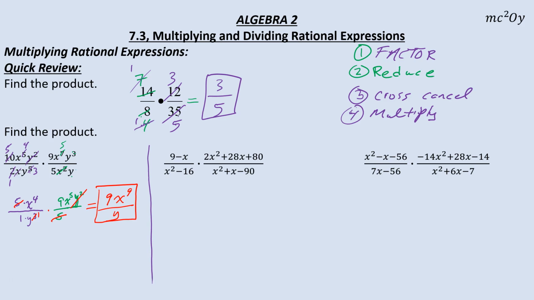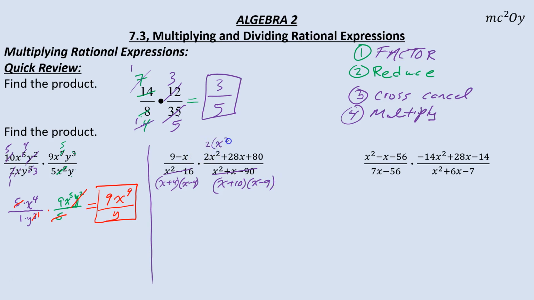Can we factor? Well, I look at it right away. I see that this becomes x plus 4, x minus 4. It's difference of 2 perfect squares. This becomes x plus 10, x minus 9. This I can take a 2 out of.